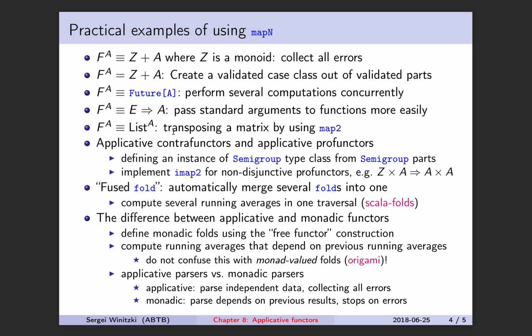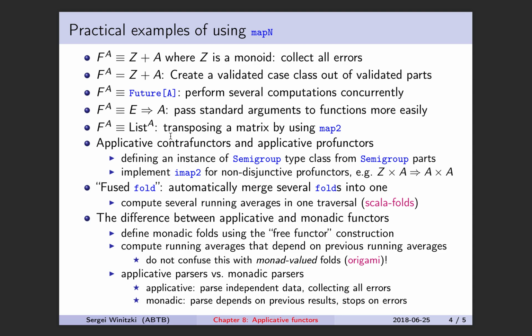So after these examples, in principle, there are a few other examples where you use applicative functors. And before going to those examples that are a little more complicated, I'd like to talk about applicative contrafunctors and applicative profunctors.